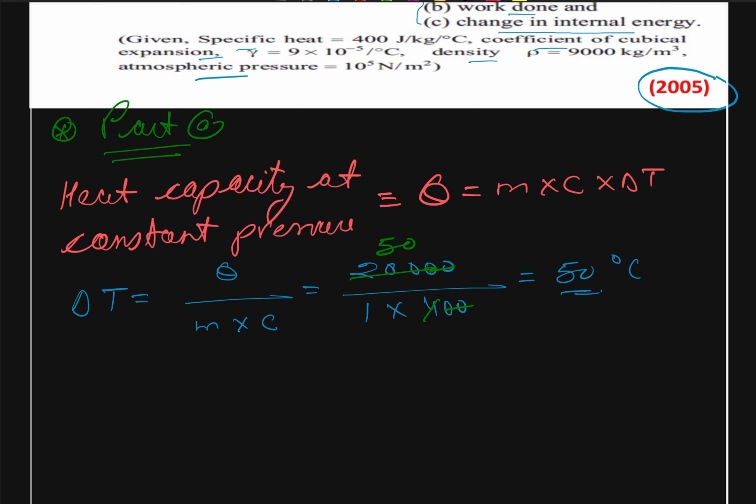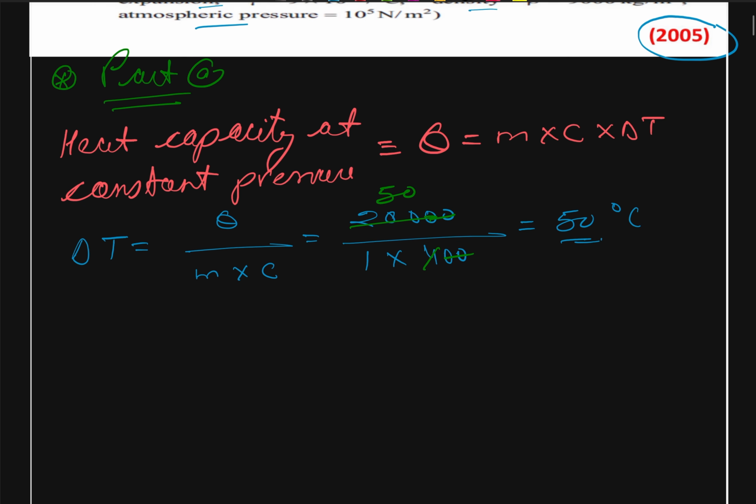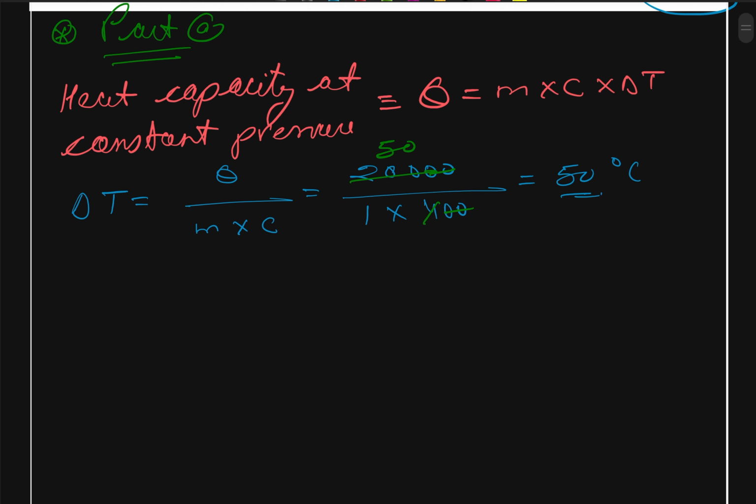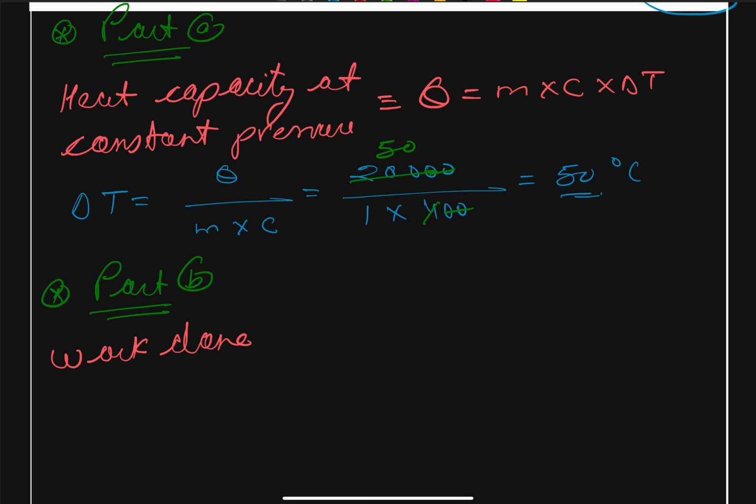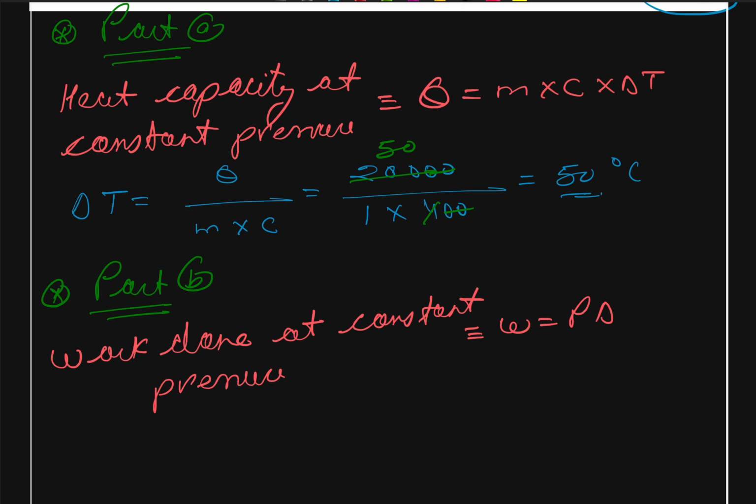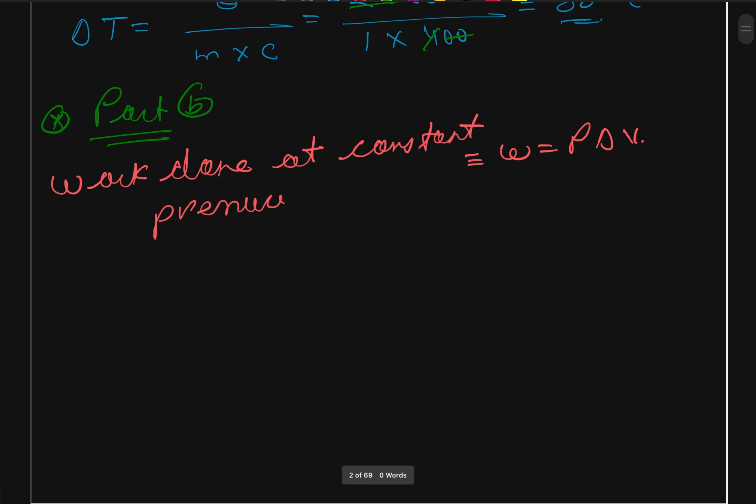Now we come to work done, that is part B. We know that work done at constant pressure, suppose that is W, will be equal to P multiplied by delta V, where delta V is the change in volume.